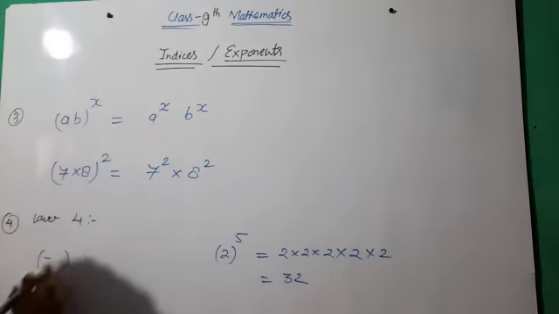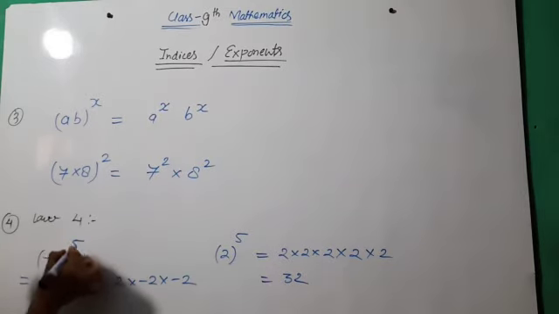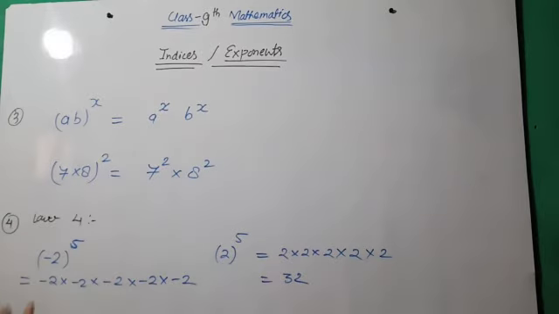Now if we have -2 to the power 5, then we have -2 into -2, 5 times. The answer is always negative because of the odd power. So if the power of a negative number is odd, then the answer is negative. So this is -32. This is the basic meaning of this.